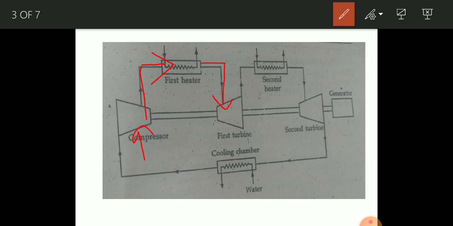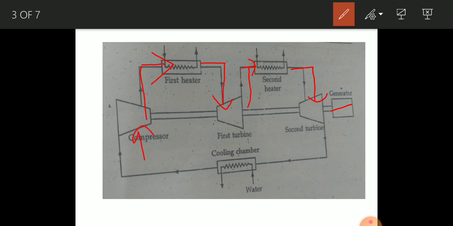Now the air is once again passed to the second heating chamber. Two times we are passing the air into the heating chamber, and finally from this to the turbine again, and this turbine is coupled with the generator. Finally the air is cooled in the cooling chamber.